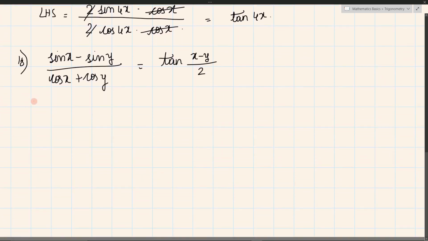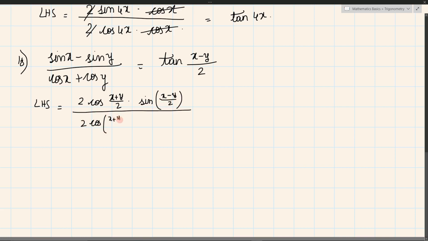So consider the LHS. We have sine A minus B, so that is nothing but 2 cos of (A plus B) by 2, that is (x plus y) by 2, into sine of (x minus y) by 2, whole divided by cos x plus cos y, which is nothing but 2 cos (x plus y) by 2 into cos of (x minus y) by 2.